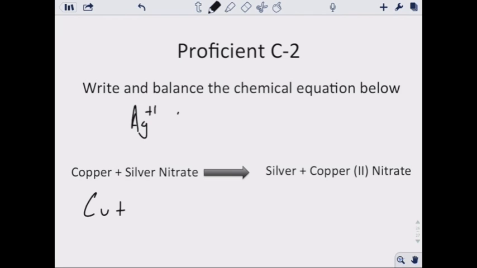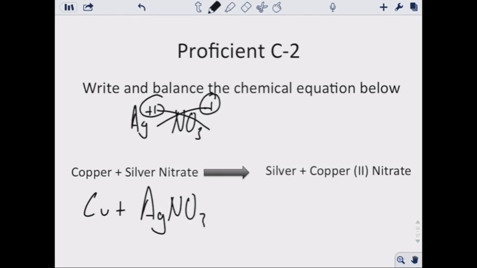Nitrate is a polyatomic ion. It's NO3, -1. And so we crisscross these, and we get the formula AgNO3. Produces silver, which is just Ag, plus copper 2 nitrate. So copper, Cu, it's copper 2, so that means +2.